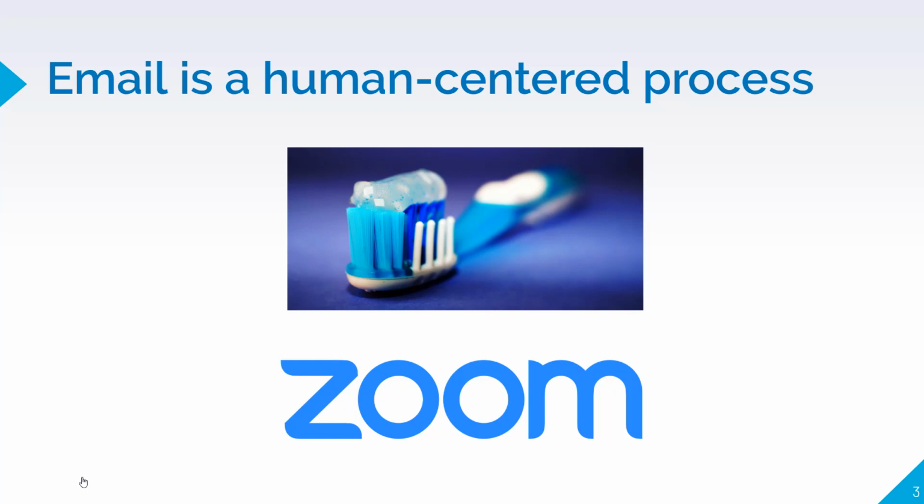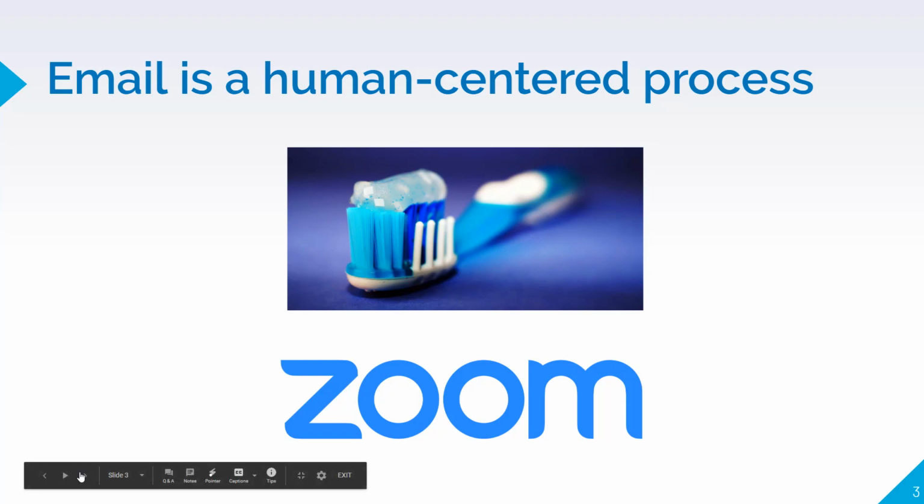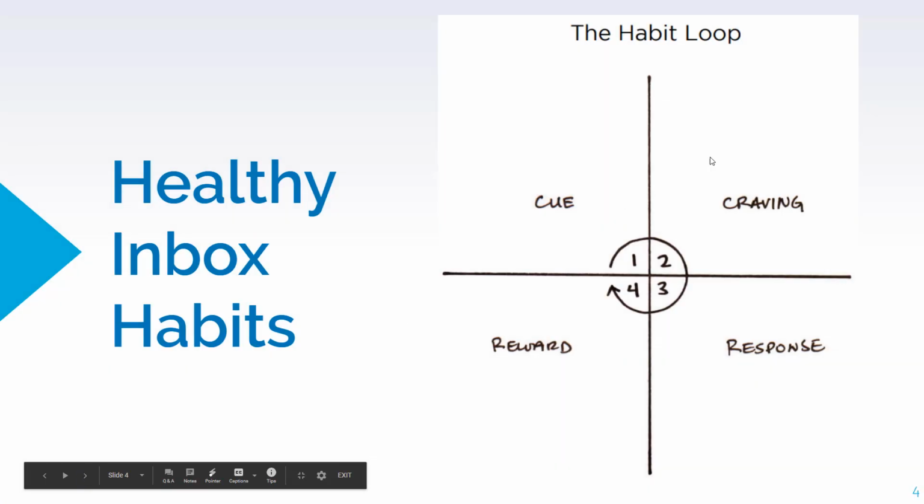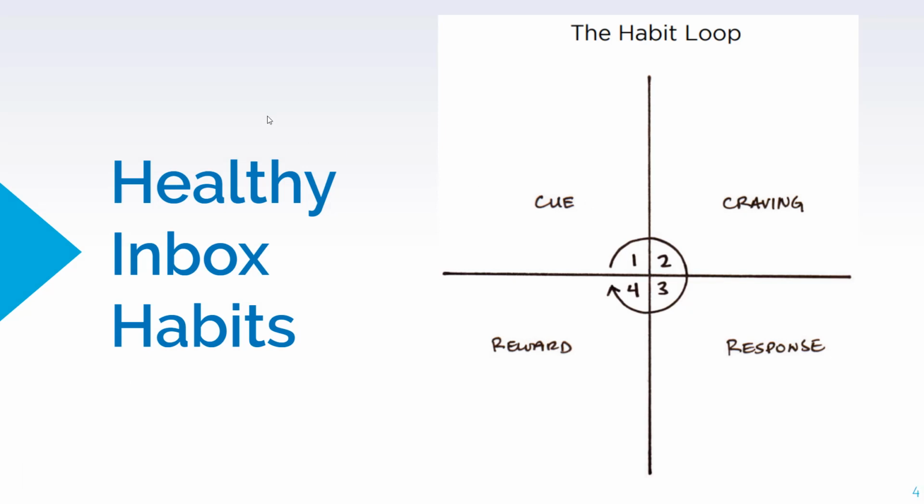And so email being a human-centered process, a little bit of that is going to be based around your habit formation. But if we look at this, it's called the habit loop, and that's a reference to a book by James Clear, and Atomic Habits is the name of the book. And in that book, he talks about this habit loop. There's cue, there's craving, there's response, and then there's reward.